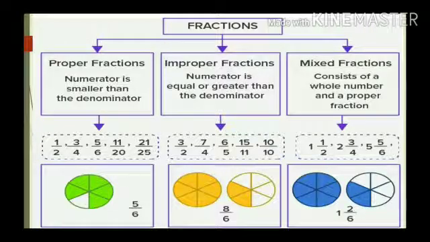In all of them the numerator is greater than the denominator, and the last one has the numerator equal to the denominator. That's why these are called improper fractions. You can see in this figure, the figure shows 8 upon 6. If you count all the parts, you get 8 parts colored, and both circles have 6 parts in them.